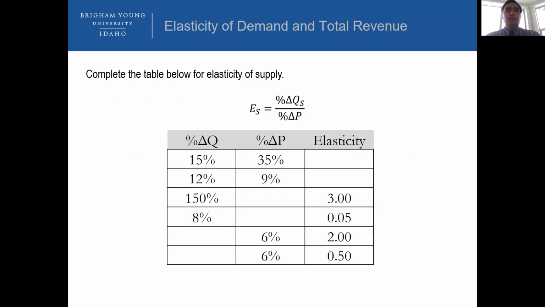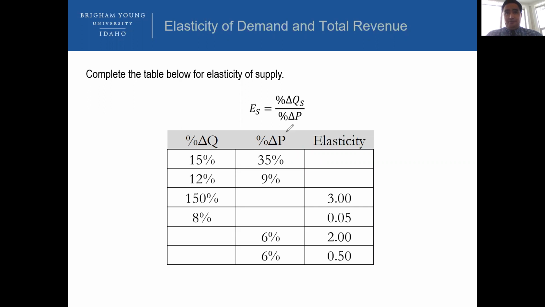Let's complete the table below for elasticity of supply. A couple things we could think about. So there's the formula, E equals percent change of Q over the percent change of P. If we want to compute the elasticity here, what happens with these corresponding percent changes? What is the elasticity going to be?